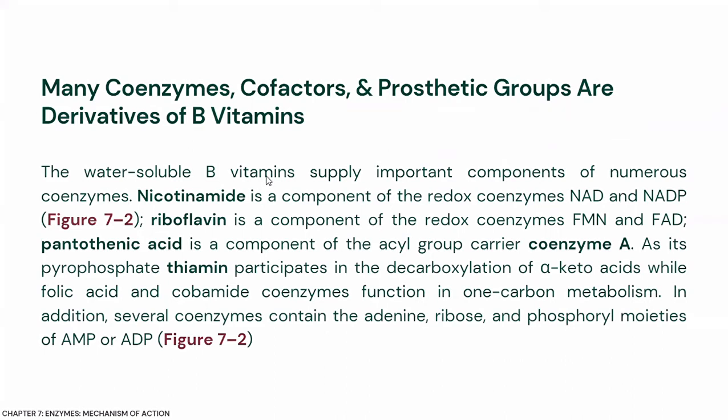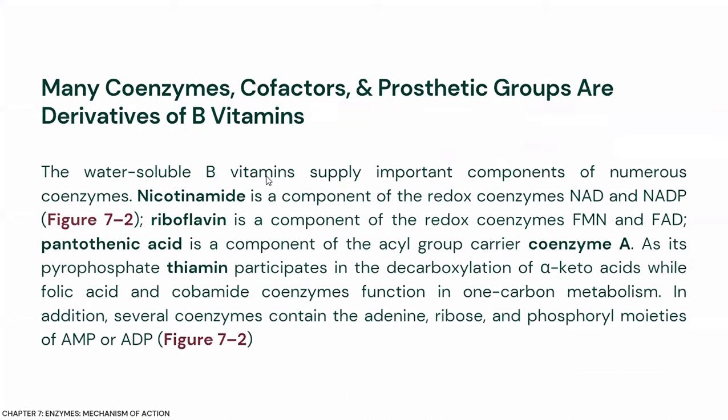So we have nicotinamide from niacin, riboflavin as a source for flavin enzymes, and then we have pantothenic acid for coenzyme A, and then we have your thiamine pyrophosphate from thiamine, which is vitamin B2.